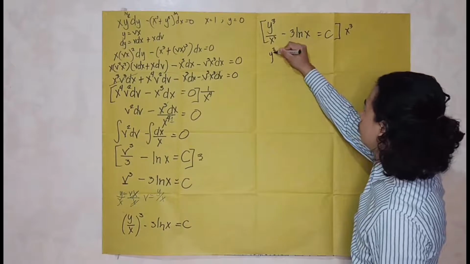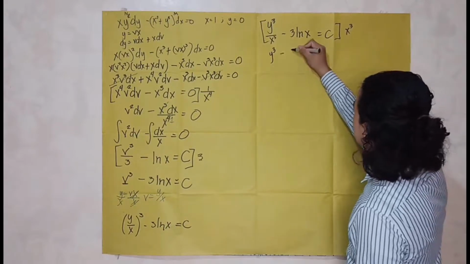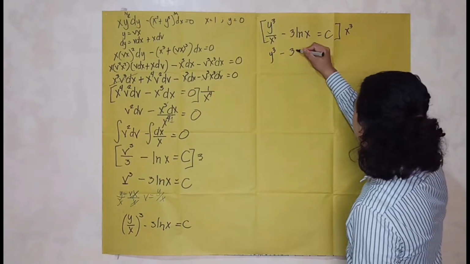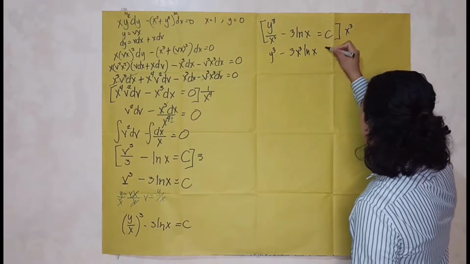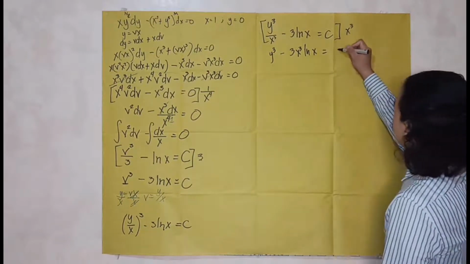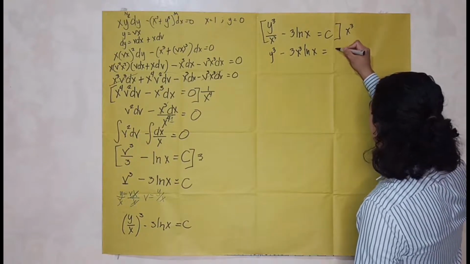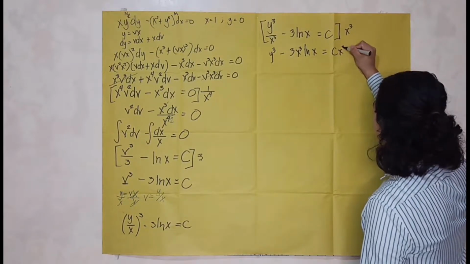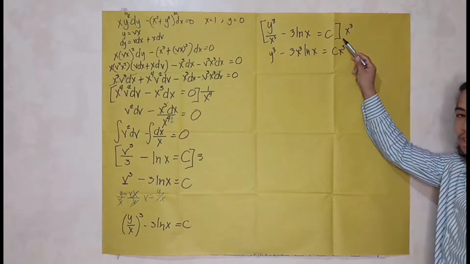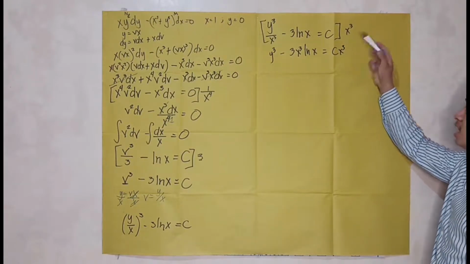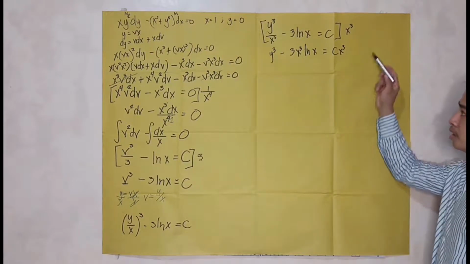We have y cube minus 3x cube ln x is equals to c x cube. Dito, pag nagmumultiply tayo sa c ng variable, hindi siya nakakancel.